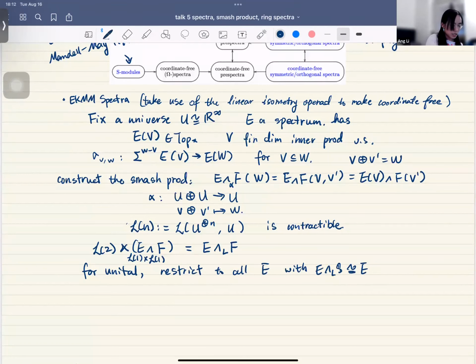And this kind of spectrum is called an S-module.